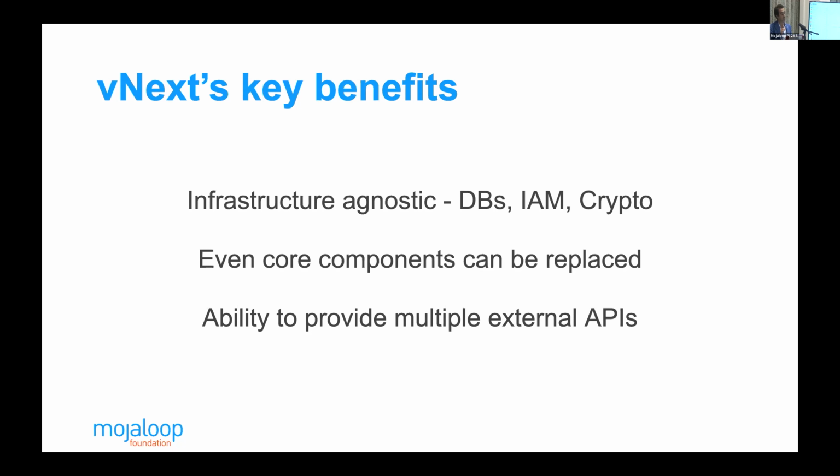What this means is that we are now free to start using FSPIOP asynchronous. We can have another interface that is accessible from the outside with a synchronous FSPIOP, or we can have ISO 20022. So this is opening the door to lots of different ways of integrating and connecting to Mojaloop, because we can externalize the API.